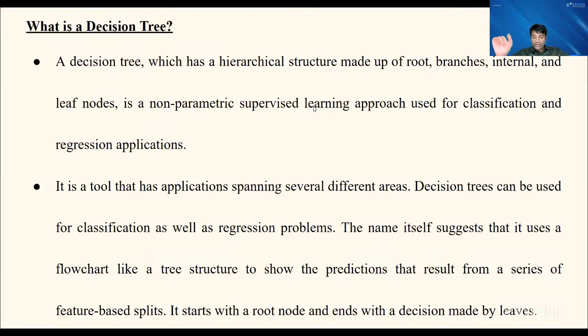When we talk about the concept of decision tree, the most important thing is there is a sibling for decision tree, which is random forest. So we also need to talk about random forest, since together we cannot talk about decision tree and random forest.